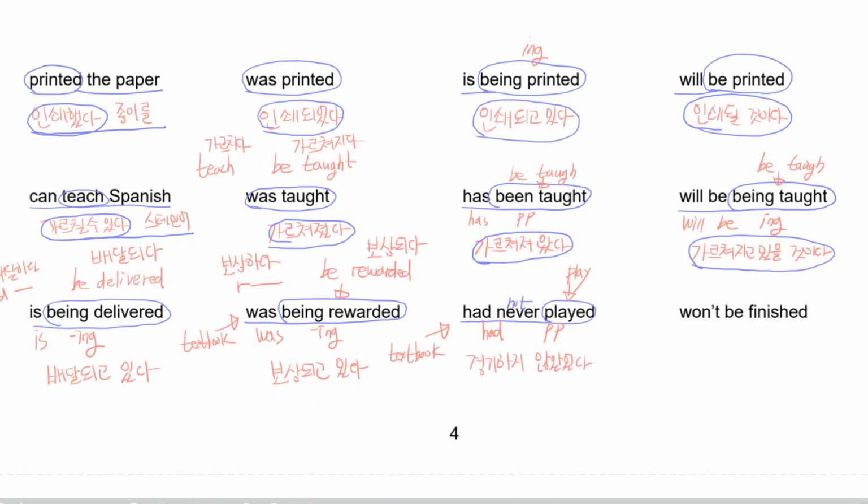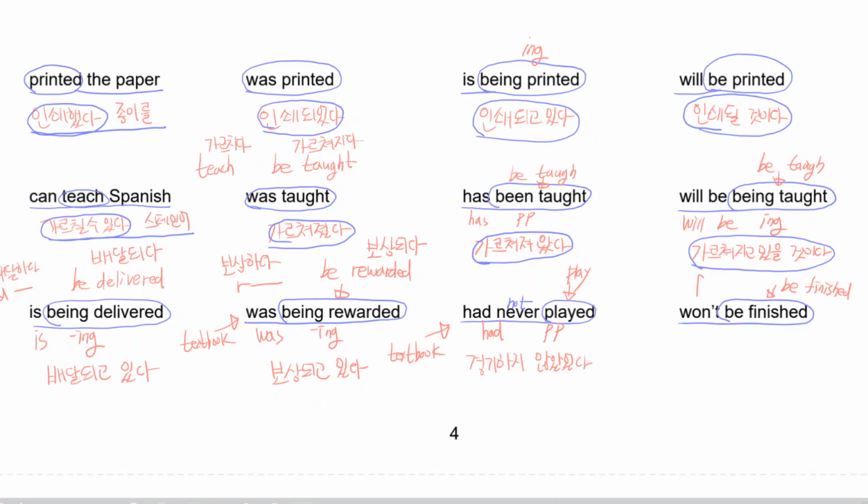And we have the last one, we have won't be finished. Okay, so where does the circle go? Finished or be finished? Yes, be finished. And we have will not here. Won't is short for will not, right? So we do a little drawing like this. Okay, we have be finished in here.